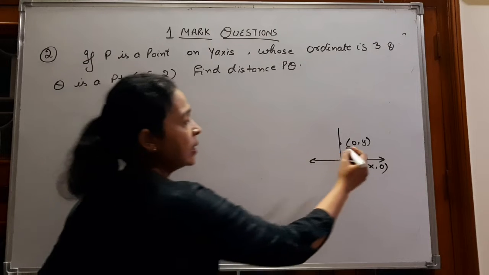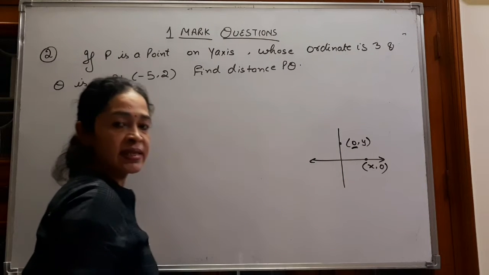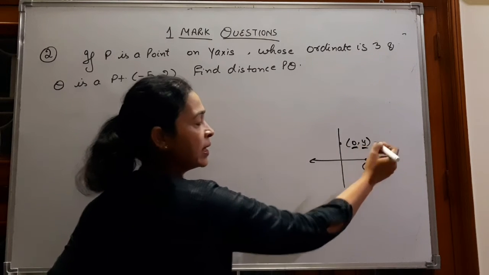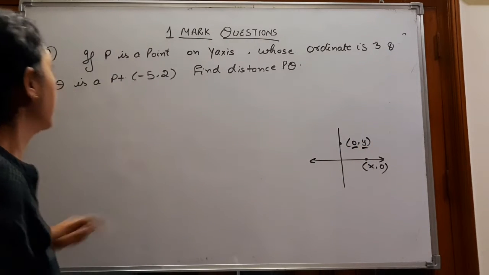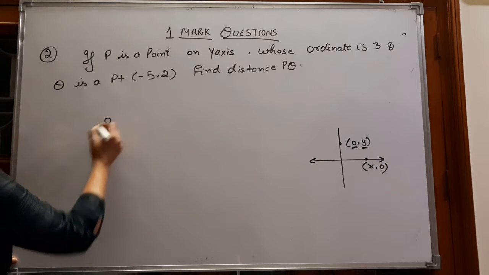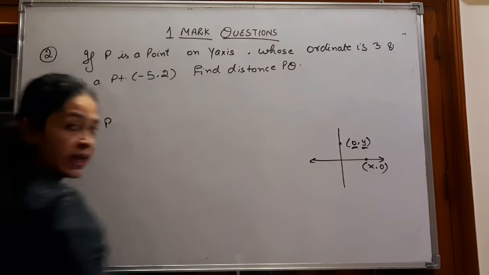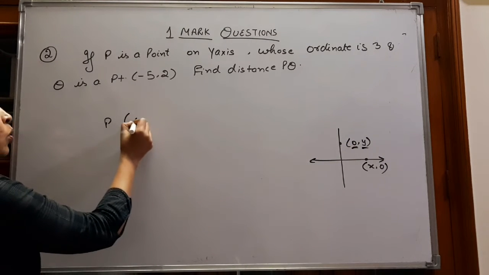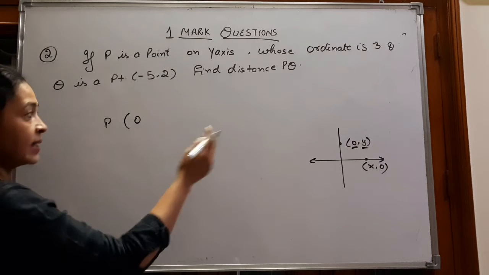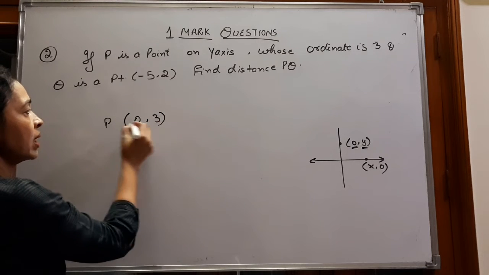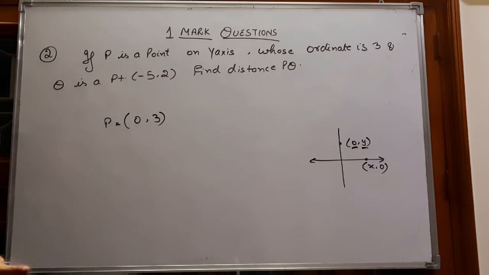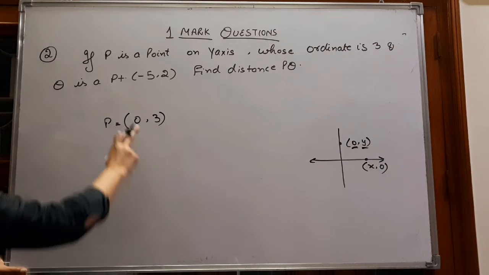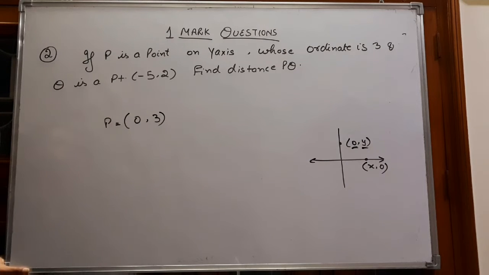Clear? And the x-coordinate is called abscissa and y-coordinate is called ordinate. We have given point P lies on y-axis, it means its x-coordinate is 0 and ordinate, that is y-coordinate, is 3. Therefore, point P is (0, 3). X-coordinate is 0 and y-coordinate is 3.